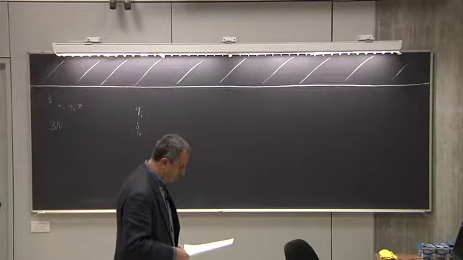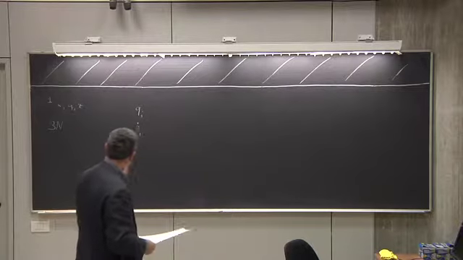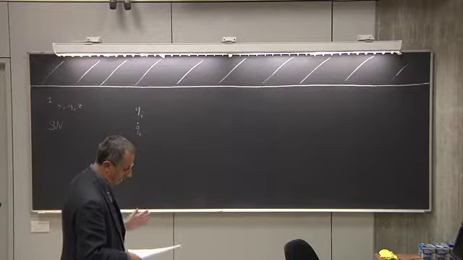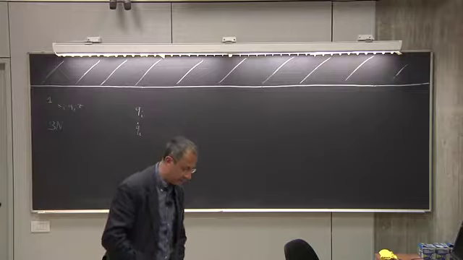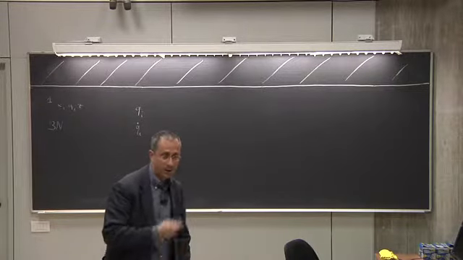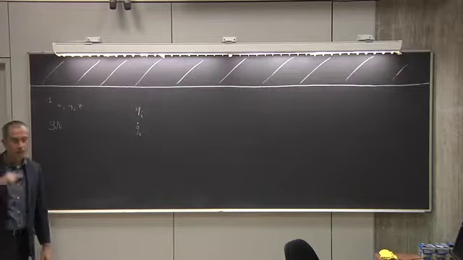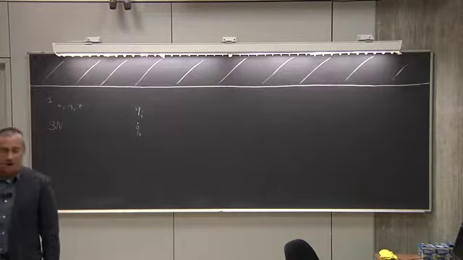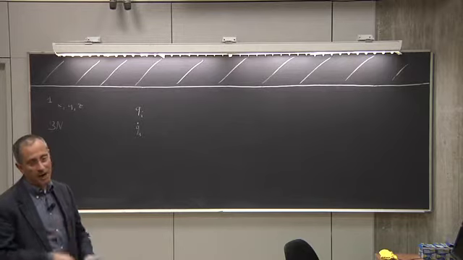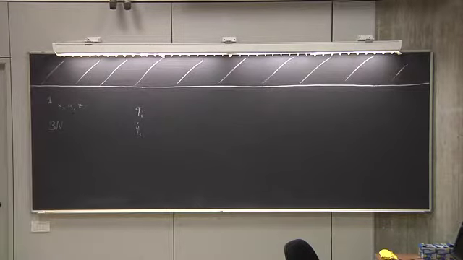Okay. So I have my generalized coordinates. Now I want to derive, you remember what we did last time. I wrote this combination of the kinetic energy minus the potential energy. I call it the Lagrangian. And then I pulled out of my head an equation that I call the Lagrangian equation.